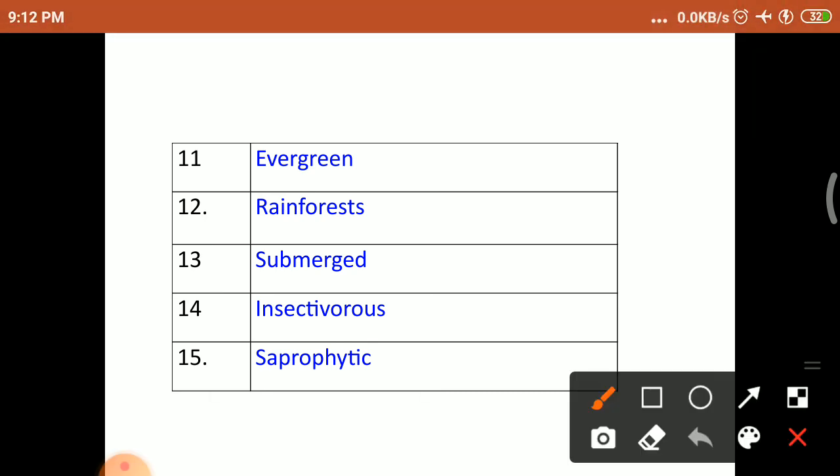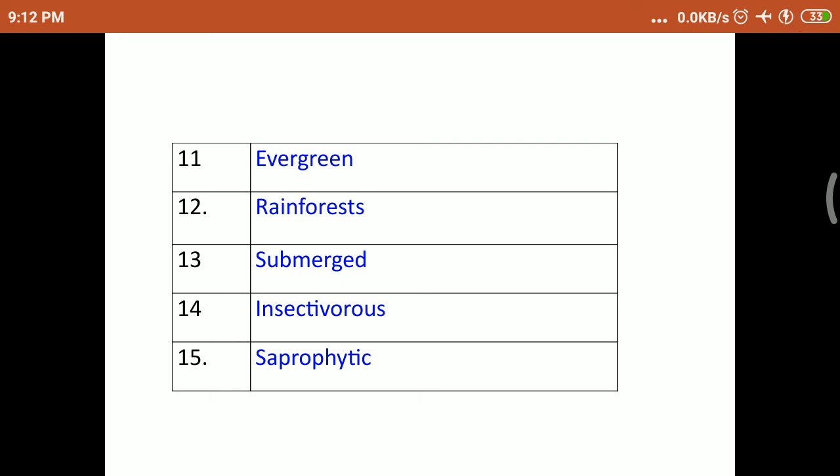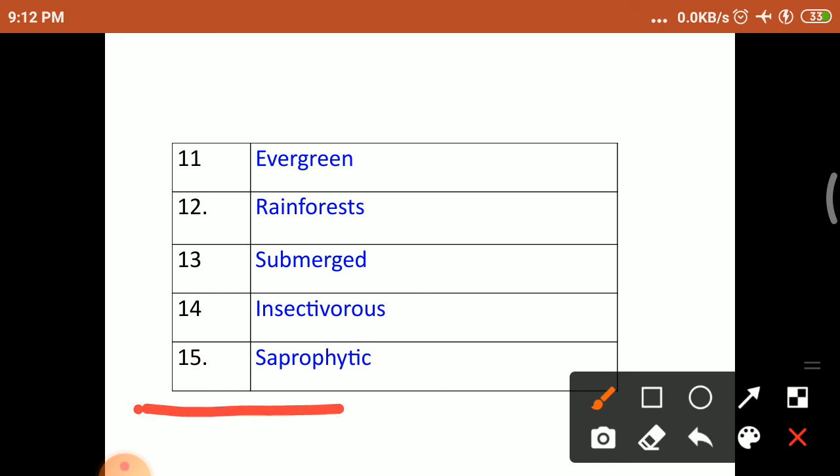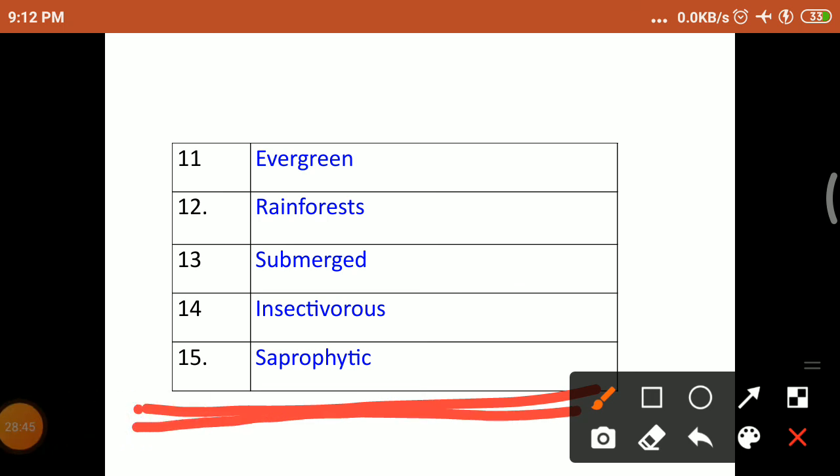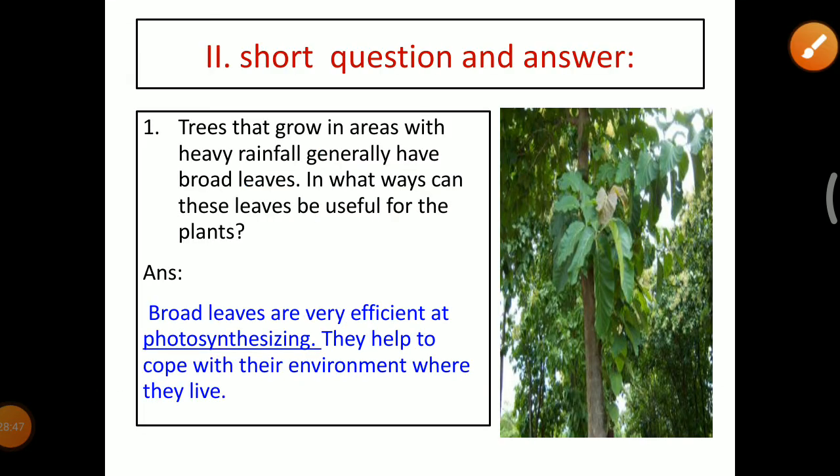See, the first letter of all the words should be written in capital. After completing the keywords, using the scale and pencil, you have to draw a double line. The next Roman numeral 2, short question and answer.